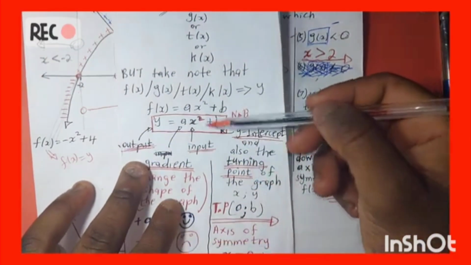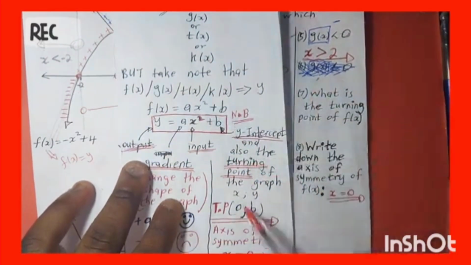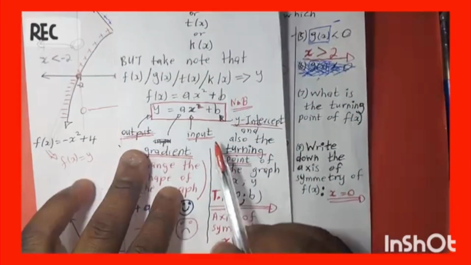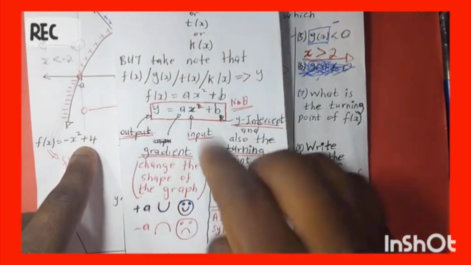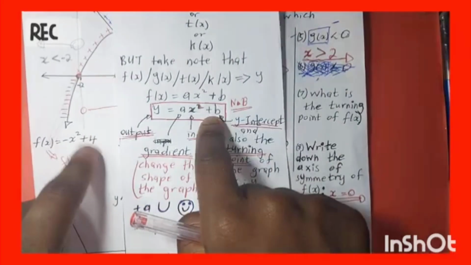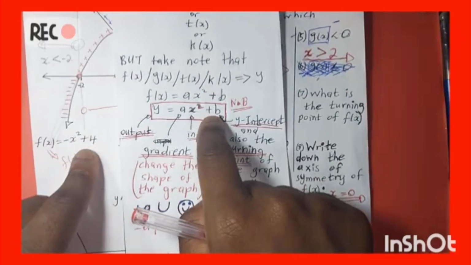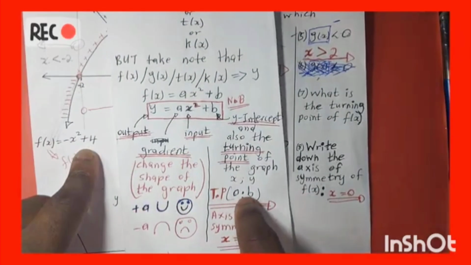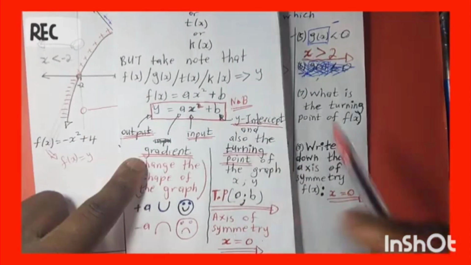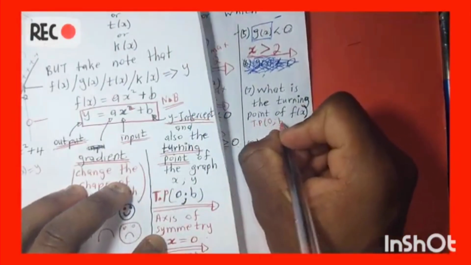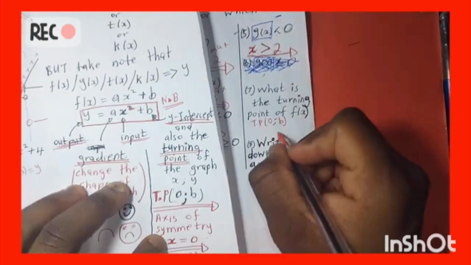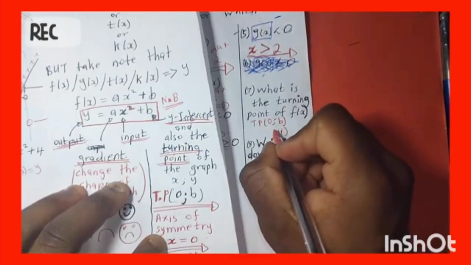Something which is here is a turning point. So here we got 4. Instead of putting b here, we got 4. A turning point is 0 and b. But now where there is b, we'll just put 4 there.